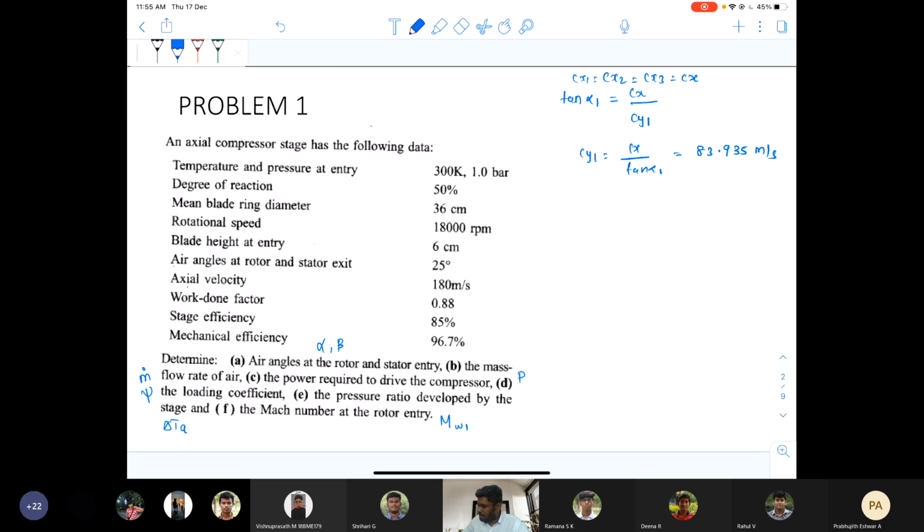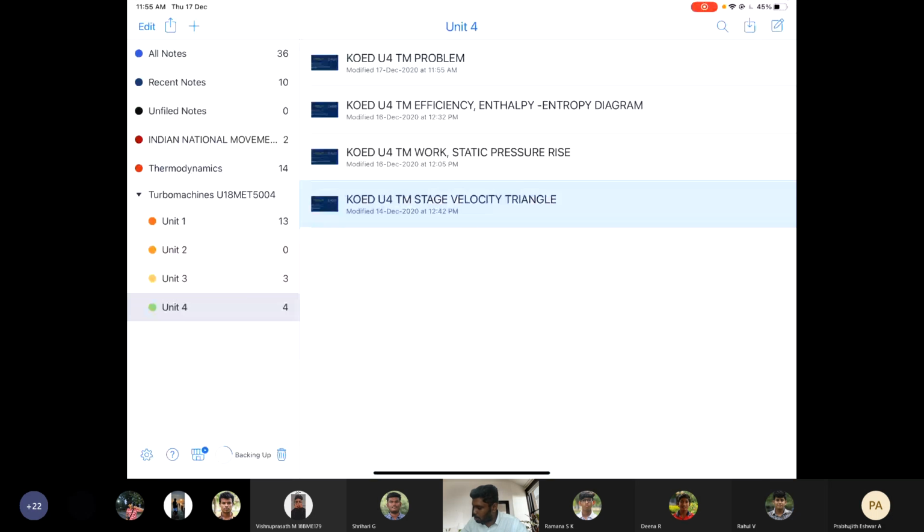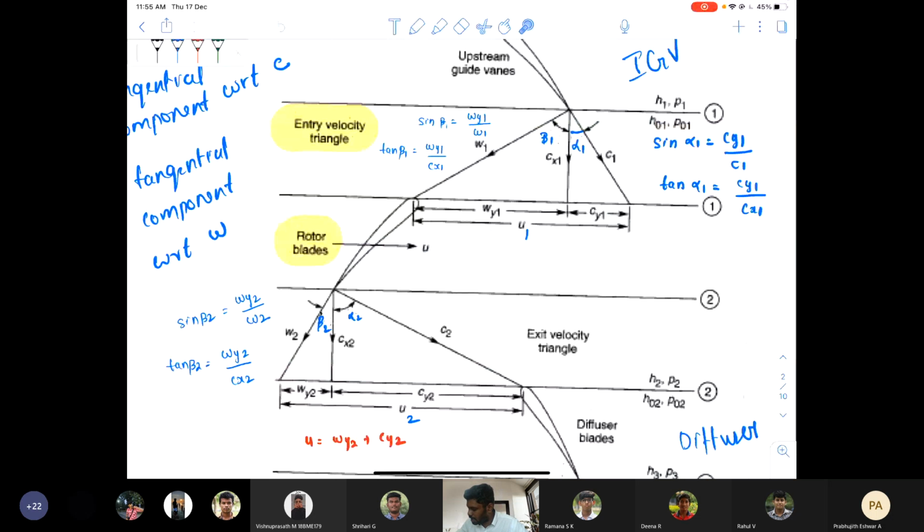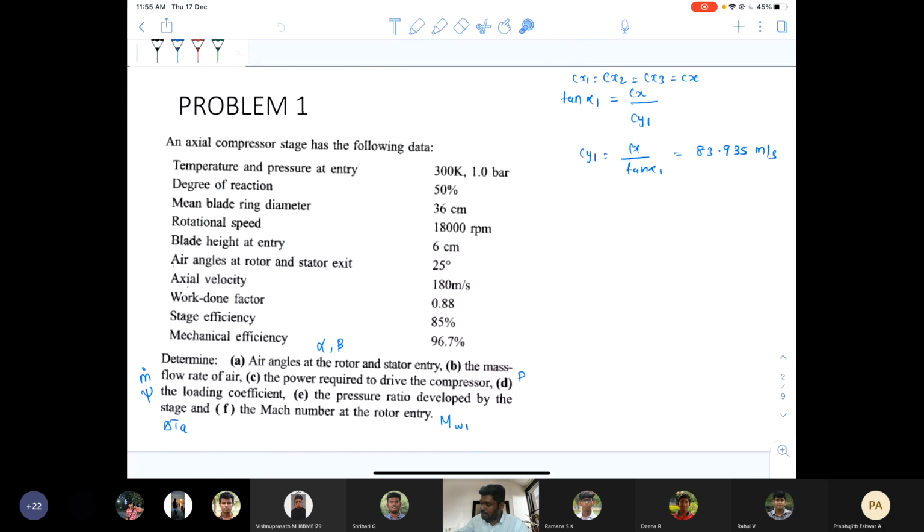In the same way, the value of Wy1 will be U minus Cy1. We should find the value of U before getting the value of Wy1. Therefore, you should find the value of peripheral speed.